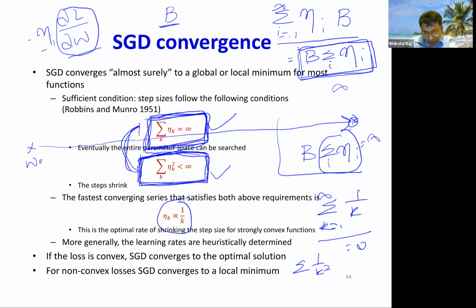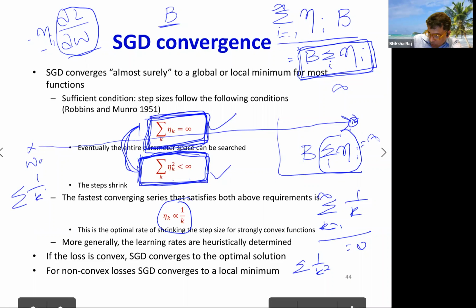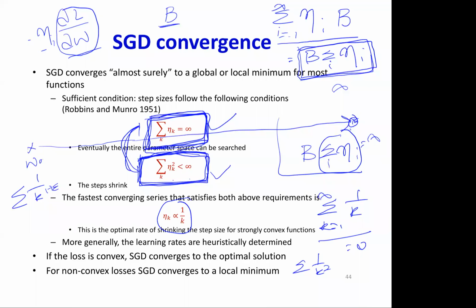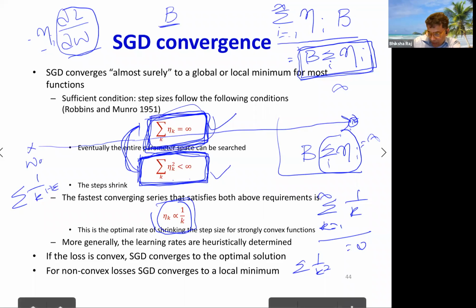That's going to be finite. In fact, the summation of 1 over k raised to 1 plus epsilon is going to be finite for any epsilon greater than 0. So 1 over k is literally at the very limit of sequences which satisfy square summability and divergence.